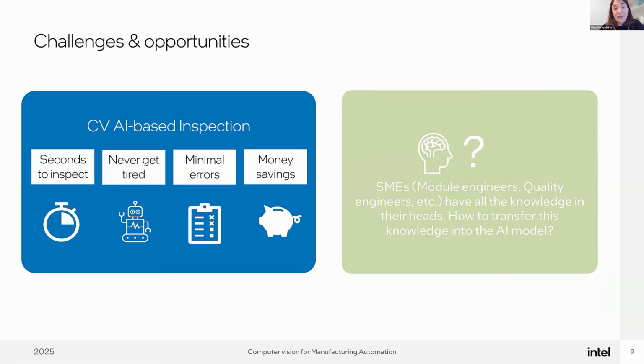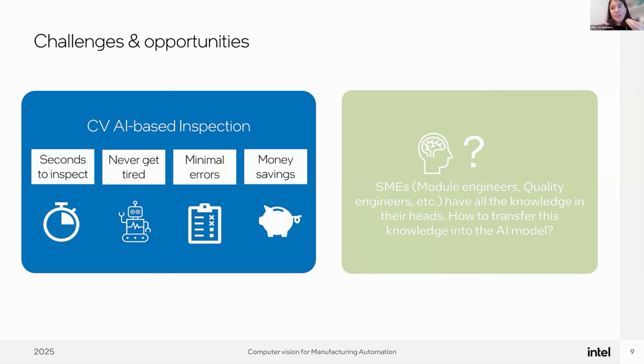At the same time, all the subject matter experts, like quality engineers, have this knowledge about quality control and different types of defects in their heads. And in particular in Intel Foundry, those types of defects are very, very complicated. So it's almost impossible to explain to the data scientists what the differences are.